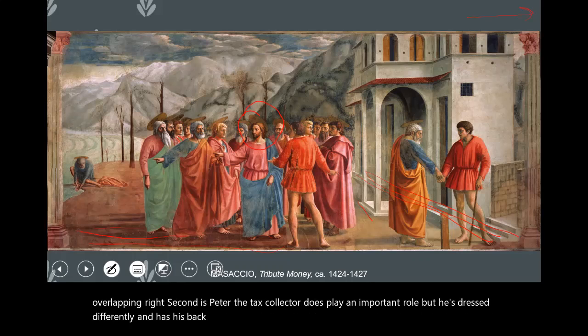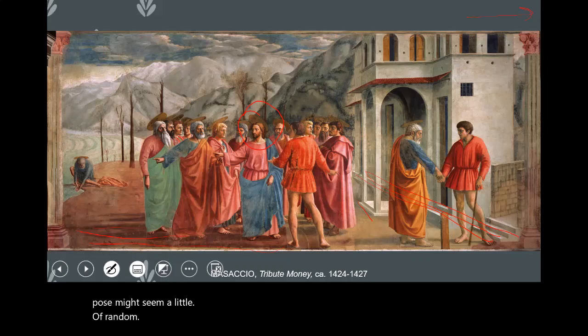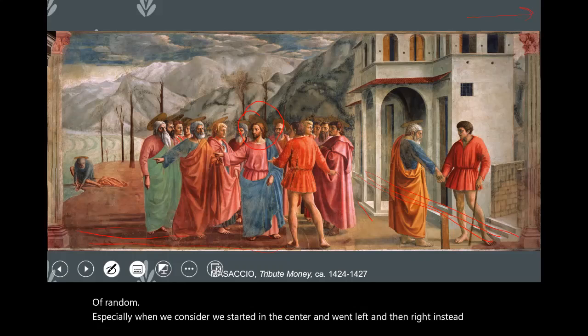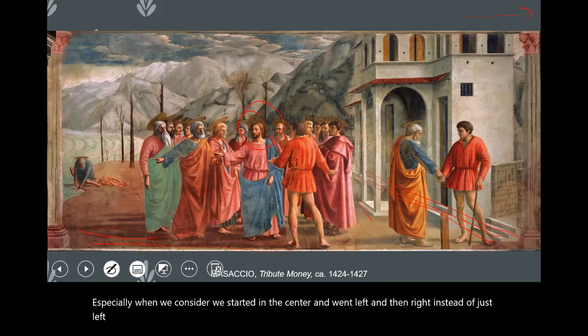So all these little tiny choices of position and pose might seem a little random, especially when we consider we started in the center and went left and then right instead of just left, center, right, or right, center, left, the way we might read a book.